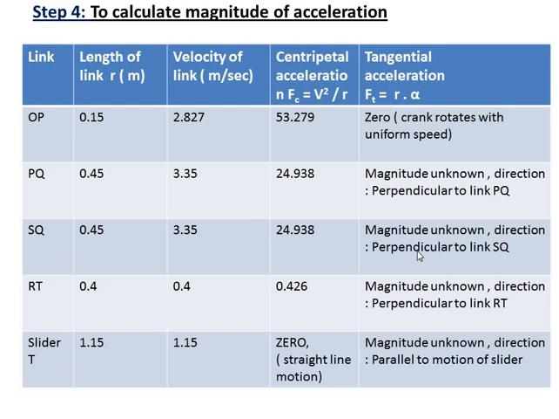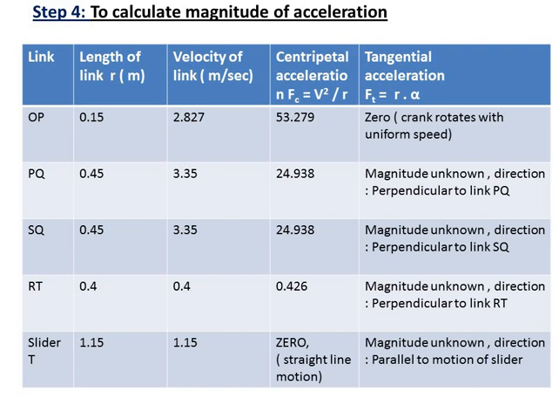This is to be located by having the intersection of the tangential components. And then for the slider, there will not be any centripetal acceleration because there is a straight line motion. There will be only linear acceleration of the slider and that will be parallel to motion of the slider. Again, its magnitude is unknown. So that is to be located by intersection of the vectors.